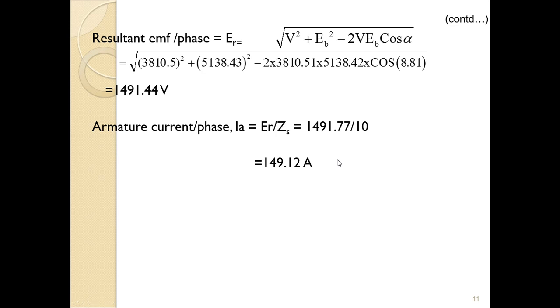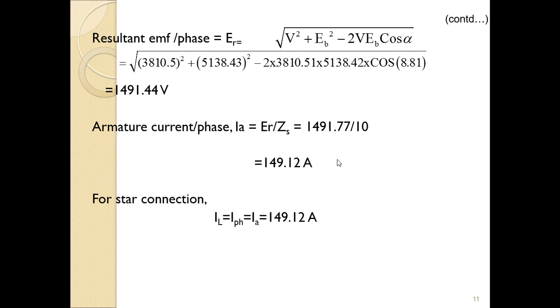To convert this into the line value, as it is a star connection, is it star or delta? Star. So in star, both the line current and phase current are equal. So that is 149.12 amps. So for a star connection, the line value and phase value are equal.